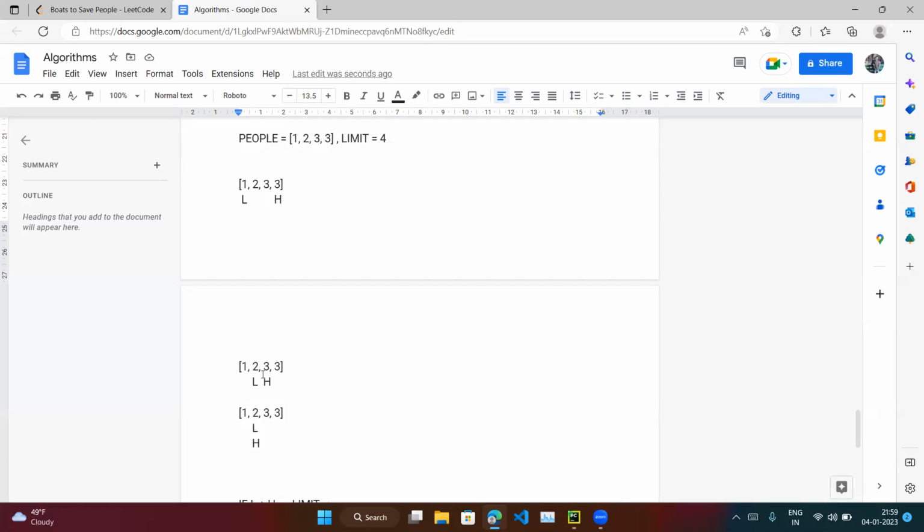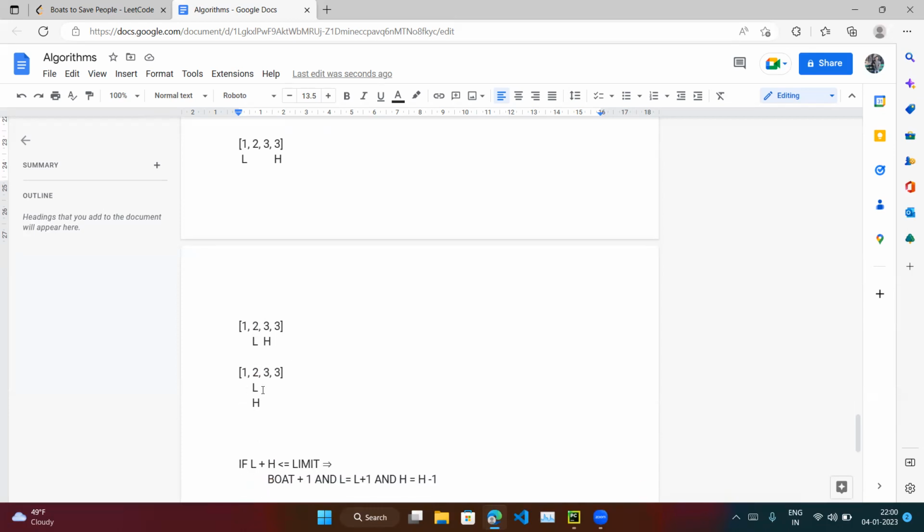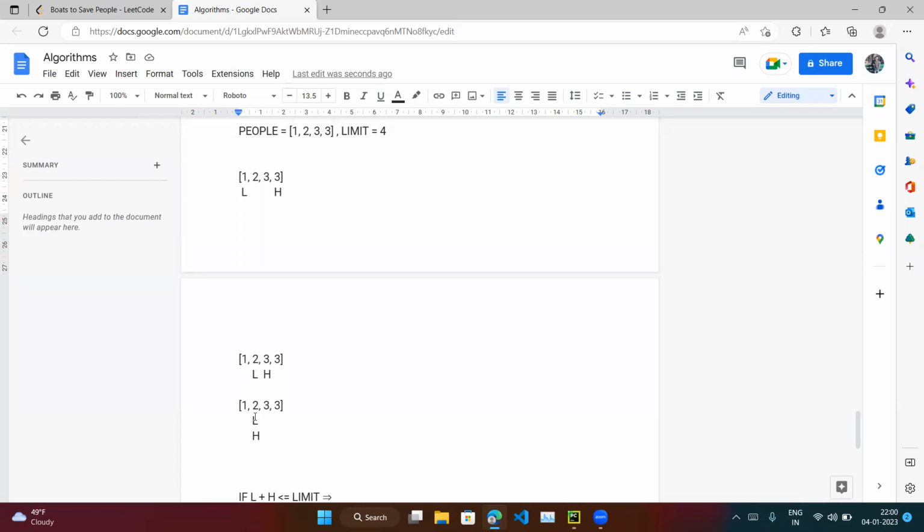So the maximum person will go alone. Boat is equal to boat plus 1, a second boat is required, and we decrease our right pointer but do not touch our left pointer. Then both pointers are at the same position. So this is one more condition, because we cannot add 2 plus 2 is equal to 4, as we would be adding the same person unnecessarily.